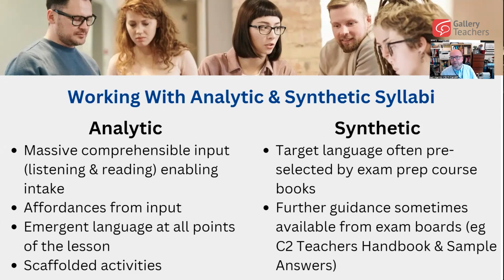So, for example, in the C2 speaking exam for Cambridge, it's the ability to negotiate meaning, and to persuade other people to come to a conclusion. So language of persuasion, language of agreement and disagreement. And that information is often available, not just from the course books, but, for example, from guidance from exam boards. Cambridge, for example, makes available the C2 Teacher's Handbook, which also has sample answers.